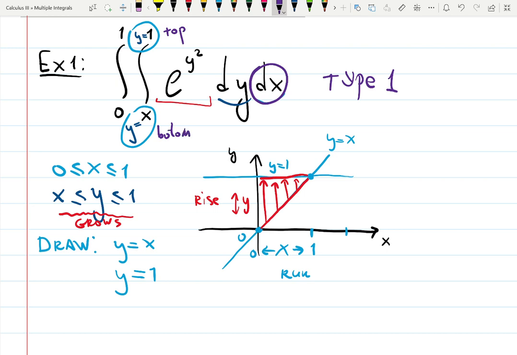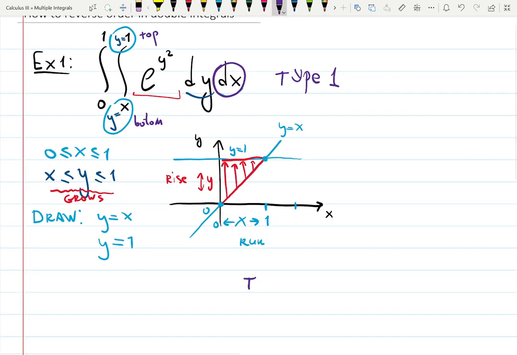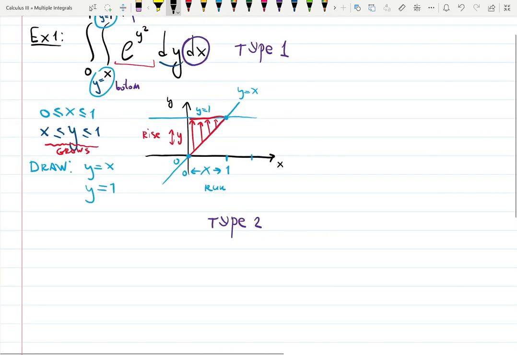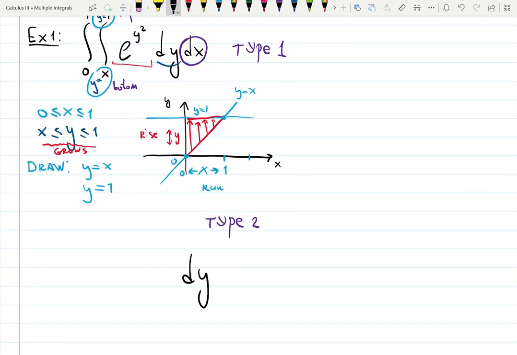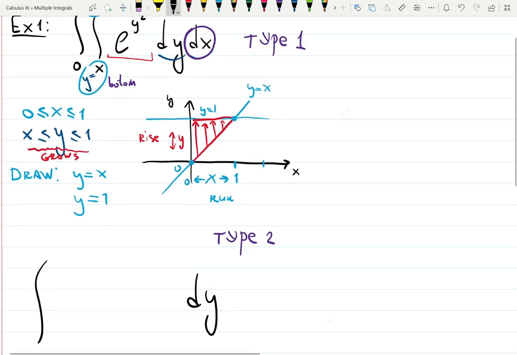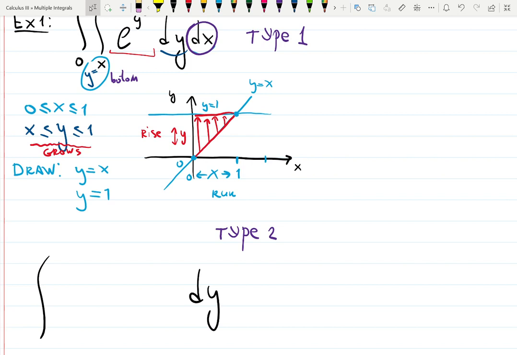X is fixed between numbers, y is growing between functions. They want us to change it into type 2. Type 2 will have fixed numbers for y. Y will be running from fixed height to fixed height, while x will be between functions. And in this case, it's going to be from right to left.